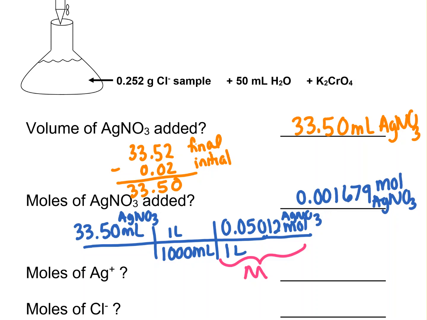Okay. And then the next question asks, how many moles of silver ions does that have? Just looking at the formula, I can tell that for every silver nitrate unit, there is 1 silver ion. So this will actually just be the same number.